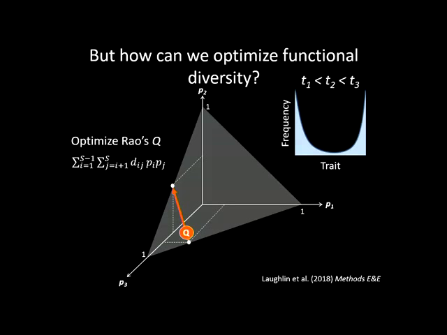Because what this functional diversity index does, it selects species in the extremes of trait space and then says, okay, we don't want anybody in the middle of trait space. So that's to the detriment of species 2. This is problematic. So one of the things we did to try to fix that is, what we really want is an even distribution of those traits to really optimize functional diversity.